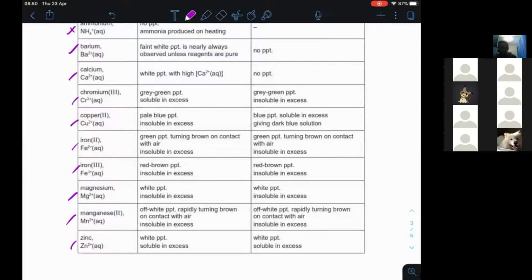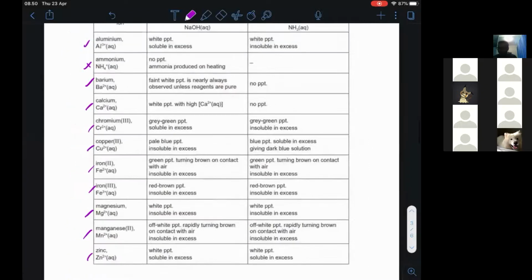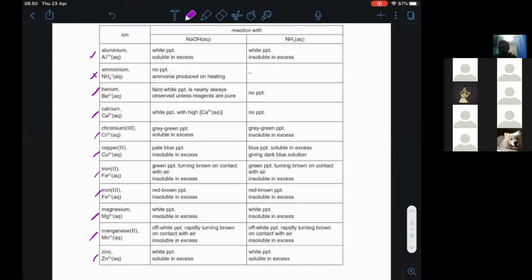Have you actually seen or heard of any black oxide from this list? Nadine? I don't know, sir. Shirley? Black oxide. Copper oxide. Yes, good, good. So copper oxide is black.